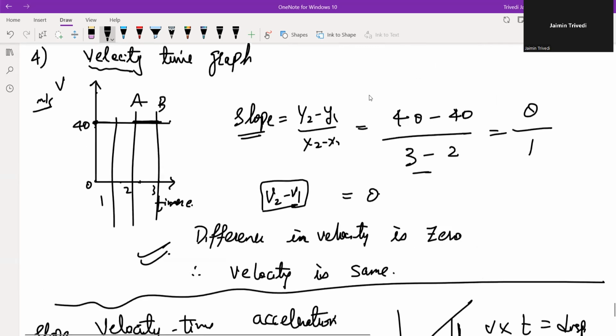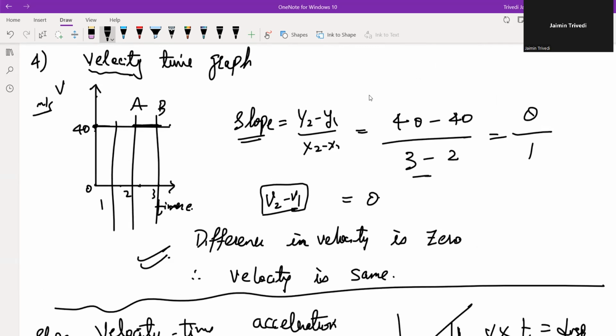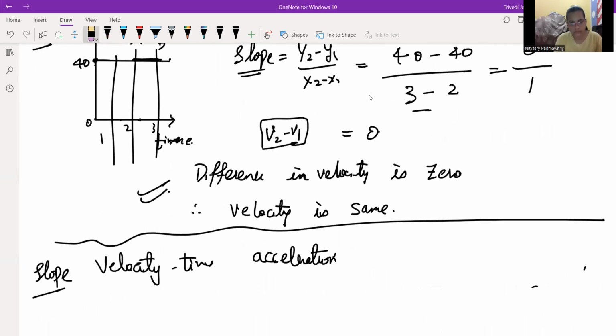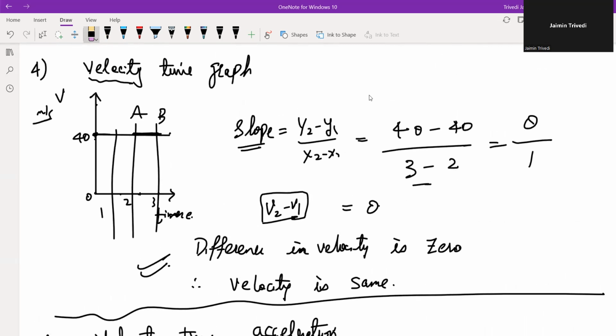Those who didn't understand, I'll explain this again. Okay, you drew the graph. So mark these points. Take 10, 20, 30, 40, like that.